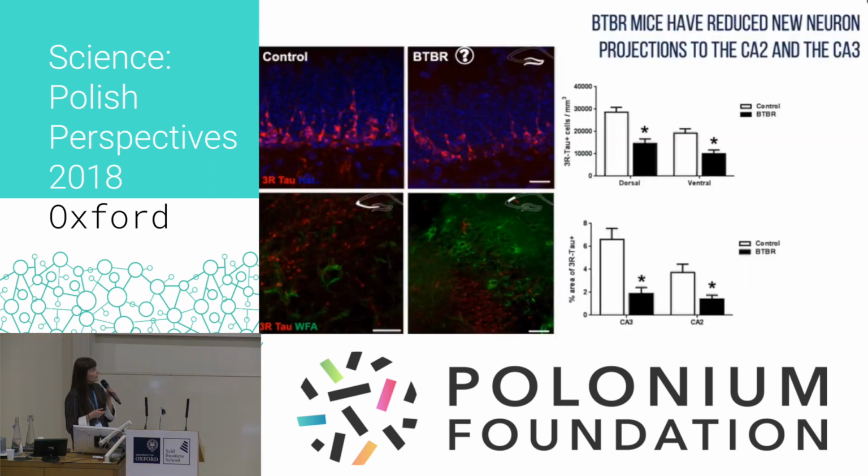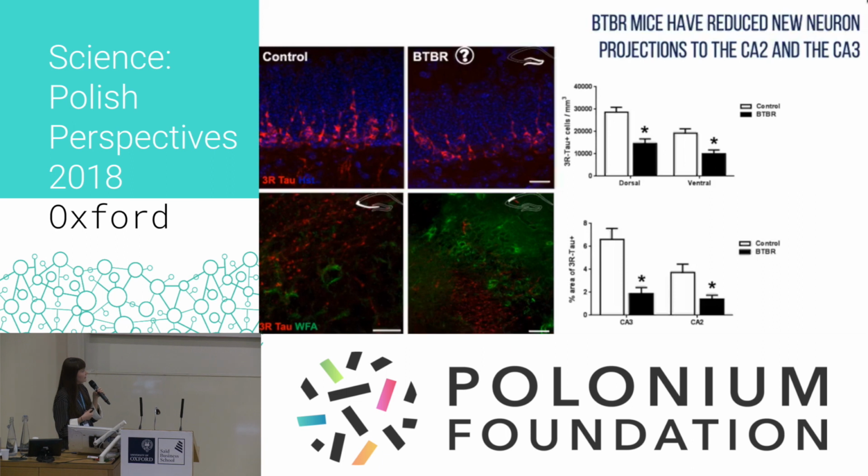For my study, I used the BTBR mouse model to check whether adult neurogenesis is reduced, because other studies show that other mouse models of autism have reductions in adult neurogenesis. I labeled new neurons, which you can see here in red, and quantified their number. What I found is that adult neurogenesis is indeed impaired in the BTBR mouse model.